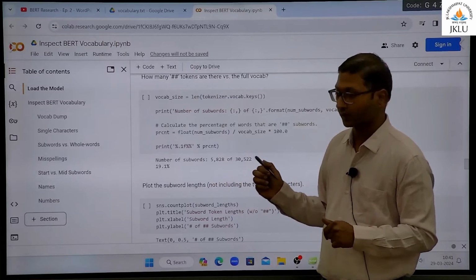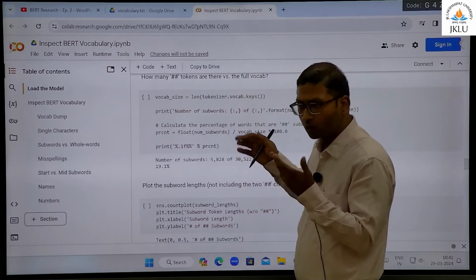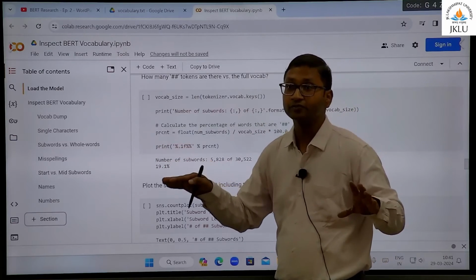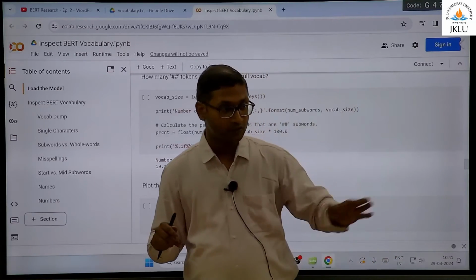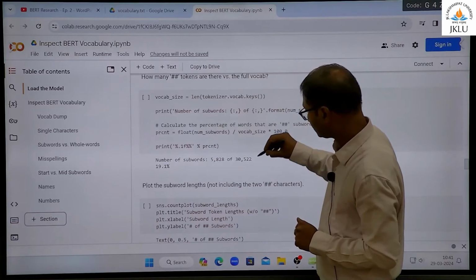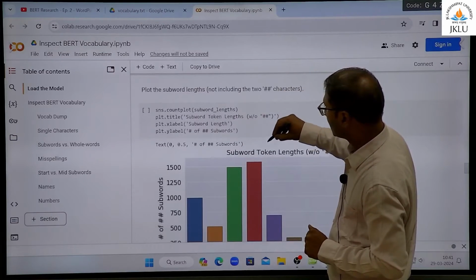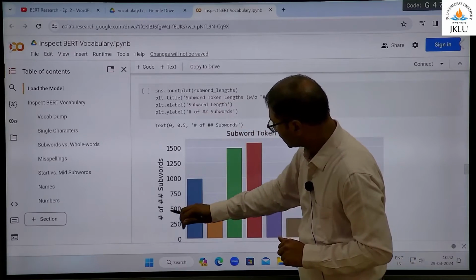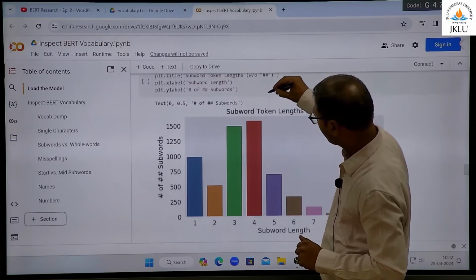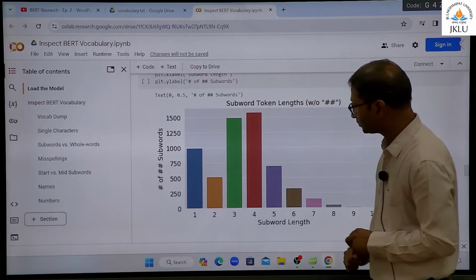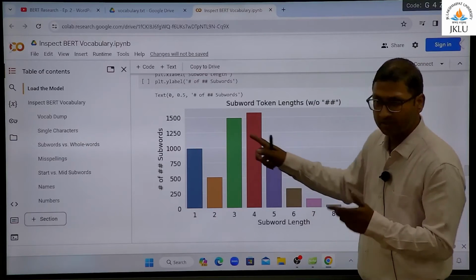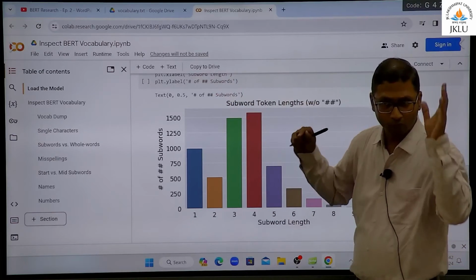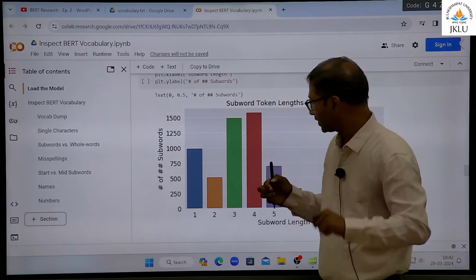I mean, nobody is going to ask you this number, but you should know that this is roughly 20% of BERT's vocabulary. And okay, number of subwords, as you can see, the same plot, but now for just all the tokens with hash hash.